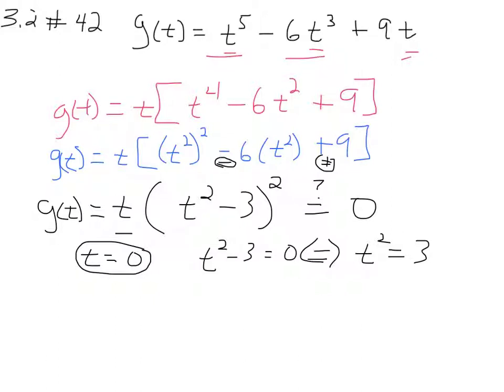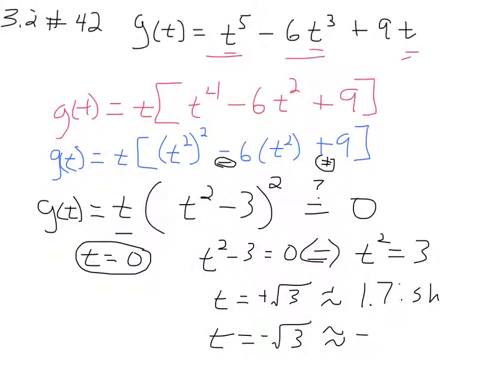If I take the square root, I get both the positive and negative. So t is equal to positive square root of 3, which is about 1.7-ish. You can plug it into the calculator and get all the decimals you want. And t is equal to negative square root of 3, which is about negative 1.7-ish.